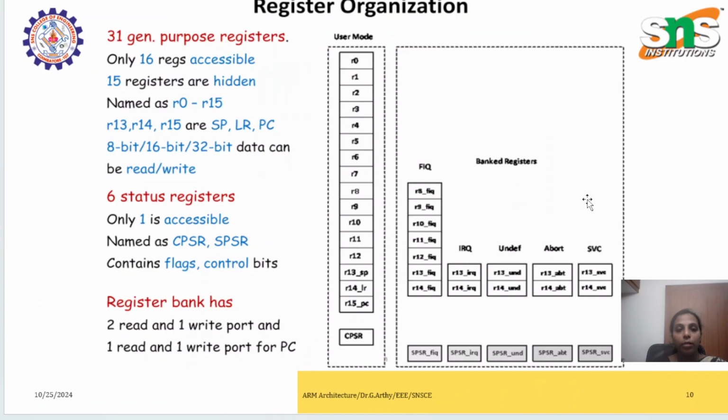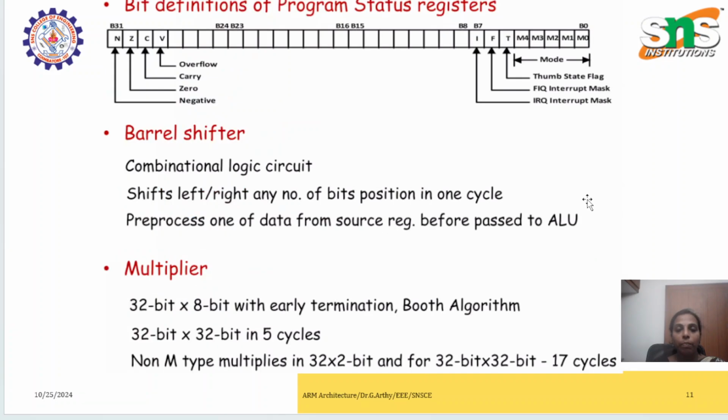Coming to the registers, as I mentioned, we have 37 registers. There are 7 register banks, and the size of each register is 32-bit. And here comes the program status register. It is again a 32-bit register. Out of these 32 bits, the first 5 LSBs show the mode of operation.